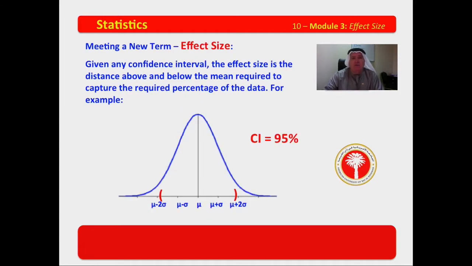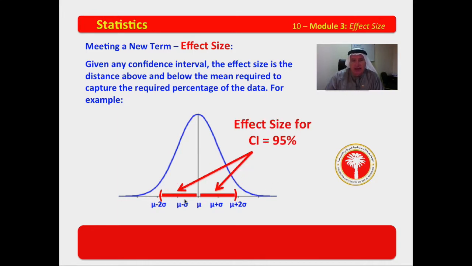Now, given any confidence interval, the effect size is the distance above and below the mean required to capture the required percentage of data. For example, a 95% confidence interval has these boundaries, and it's this much above the mean and this much below the mean, and the effect size for a 95% confidence interval is this distance right here, and the effect size is this distance right here.